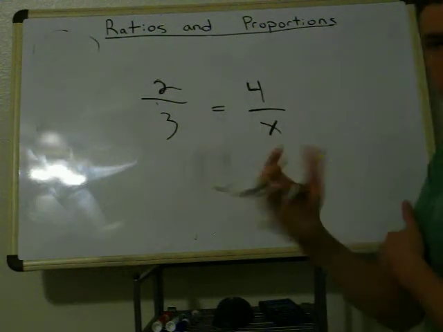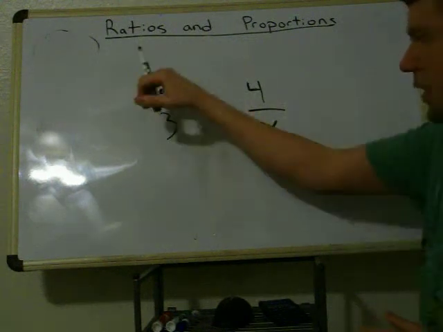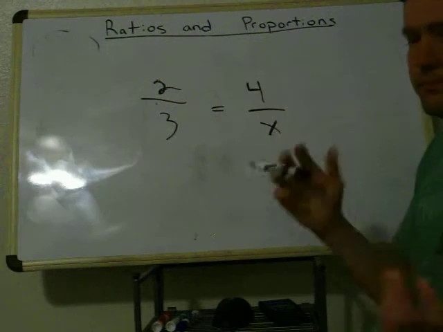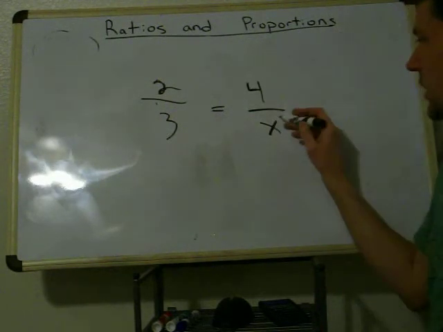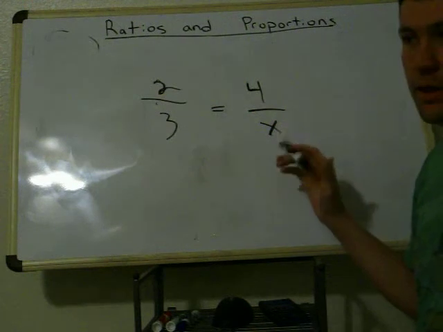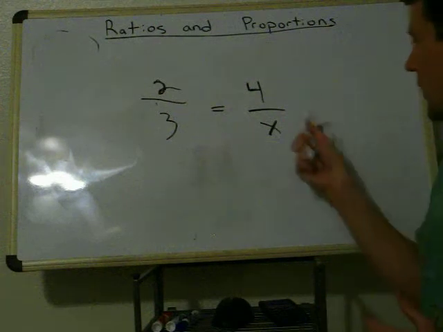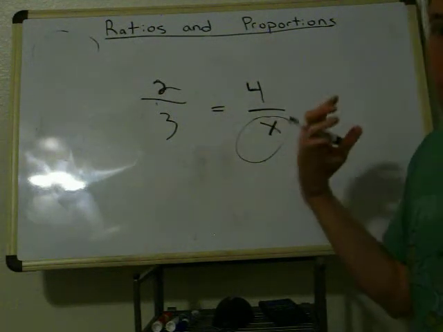Now again, in the problems that we did, we had x in the numerator. We could just multiply the denominator by on each side and get our unknown by itself. But in this case, our unknown is in the denominator, so it requires some extra steps, but it's the same. So again, we want to isolate our unknown.